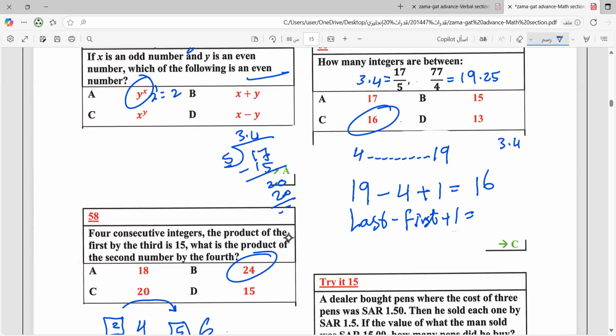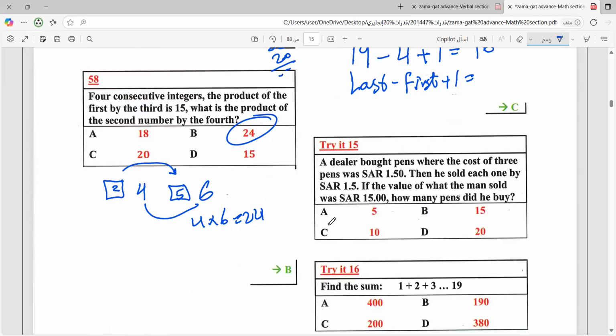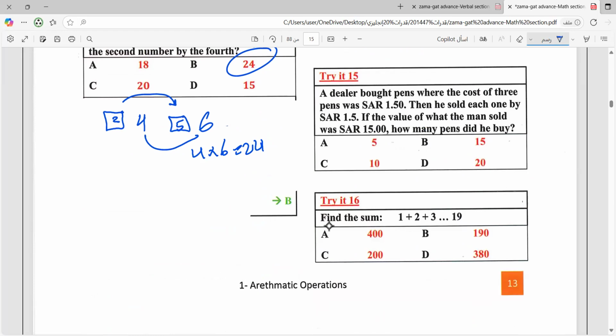After 3.4, what is it? It's 4, because 3 is not in the interval. Oh, okay. Between, it said between, so we start from 4. You get it? Okay, try it.